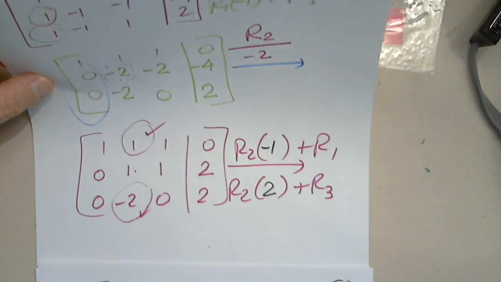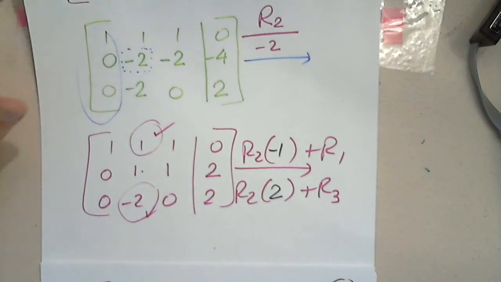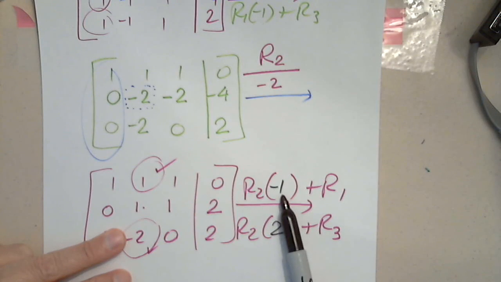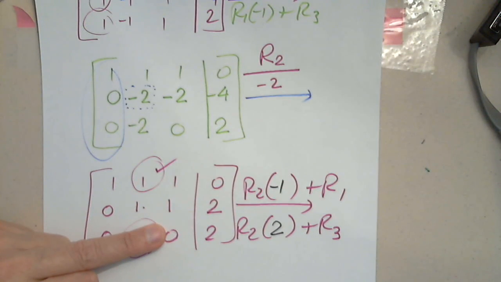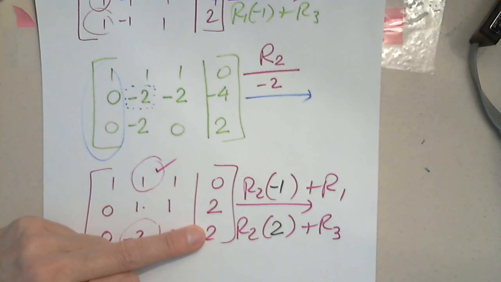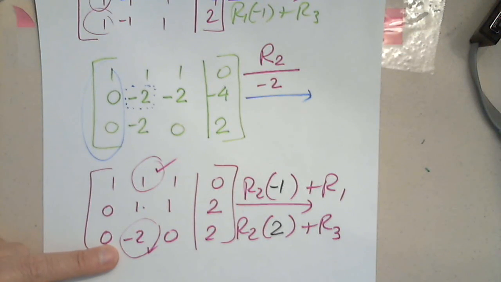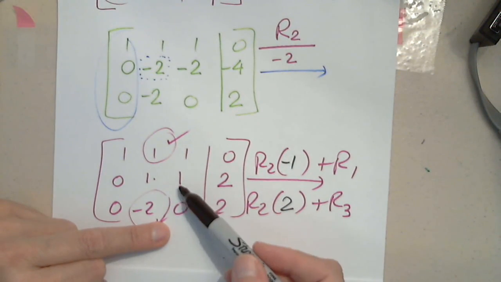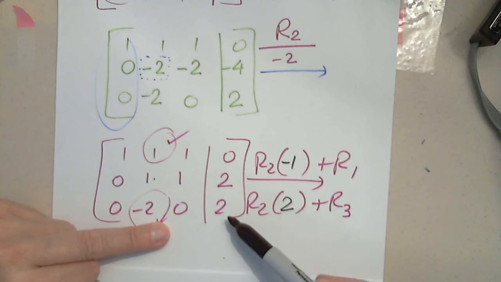It may change later, but not now. 1 times -1 plus 1. 1 times -1 plus 1. Nice. 2 times -1 plus 0. 2 times 1 minus 2. 2 times 1 plus 0. 2 times 2 is 4. 4 plus 2 is 6.